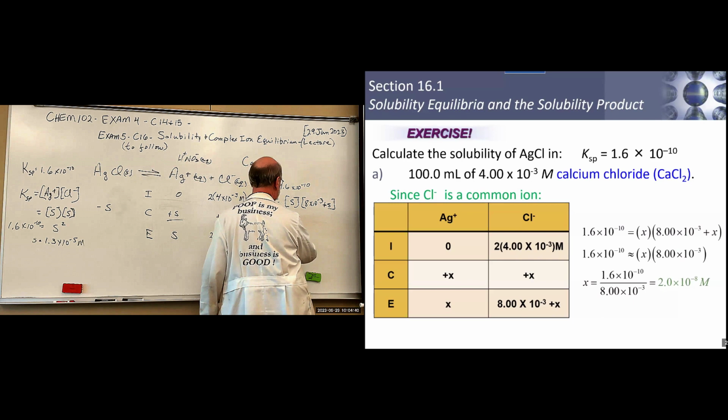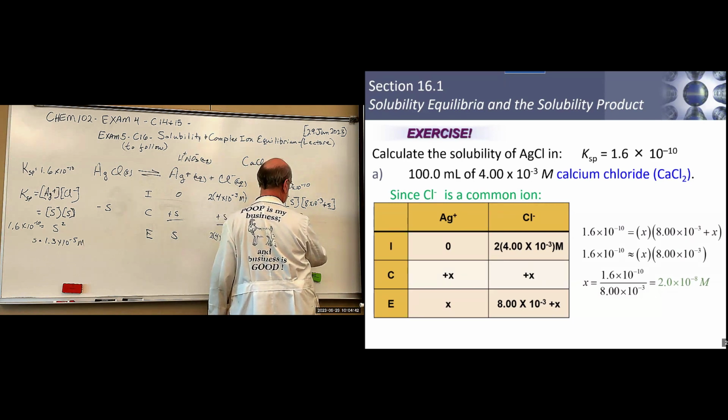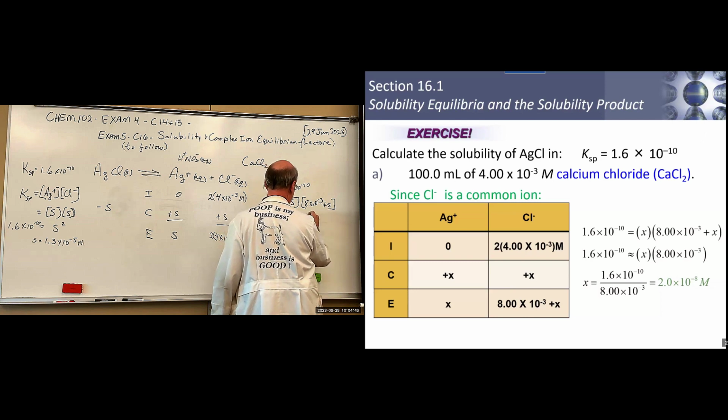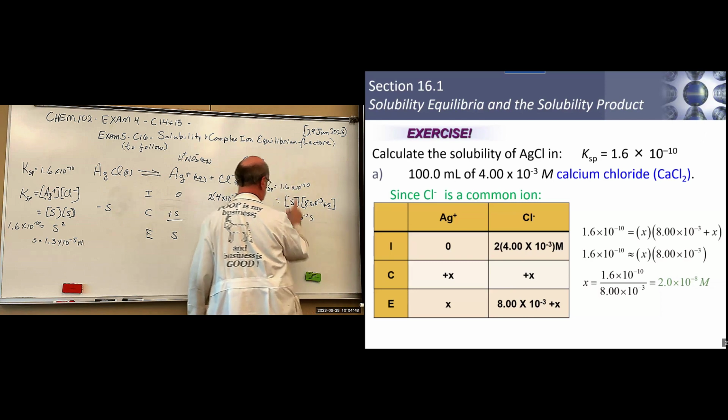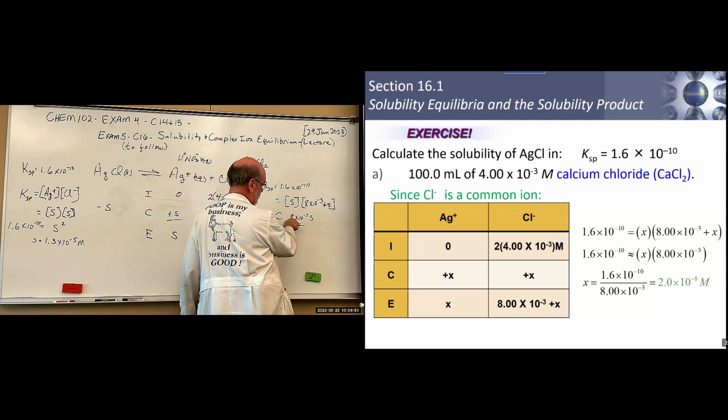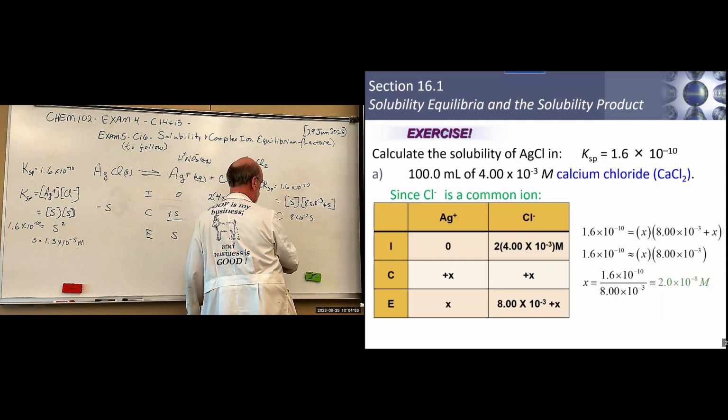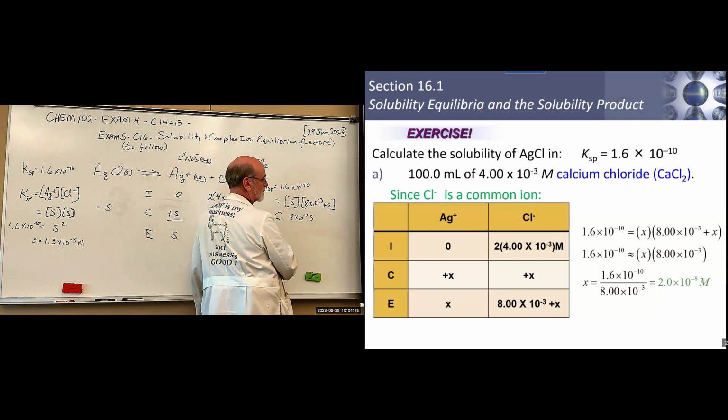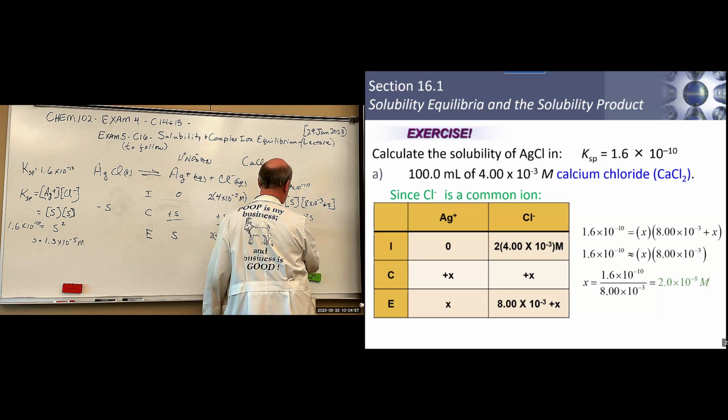So that's approximately, well, if we drop that S, that means 8 times 10 to the minus 3 S is equal to that. So we just divide that value into this value, and that gives us S equals 2 times 10 to the minus 8 molar.